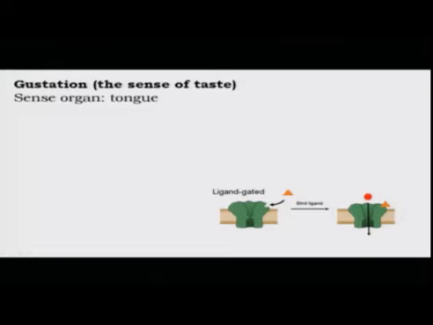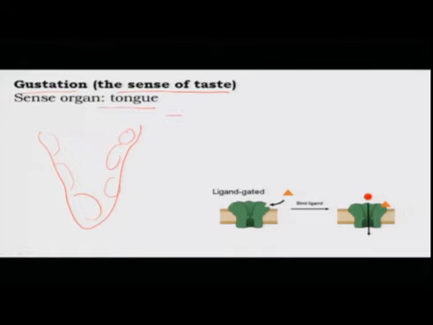Very similar to this is what is known as the sense of taste or gustation. The sensory organ is different in this case, which is the tongue. The tongue looks like this, and certain regions of the tongue are specialized with certain kinds of cells embedded in them.